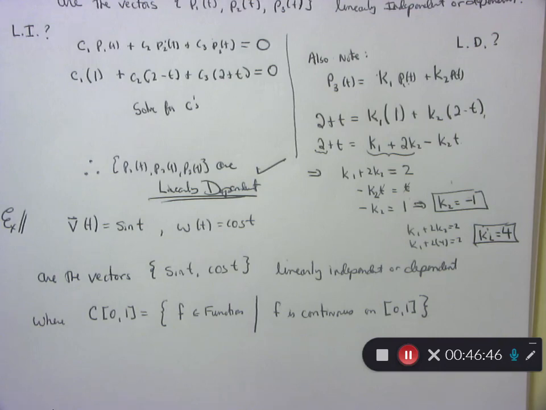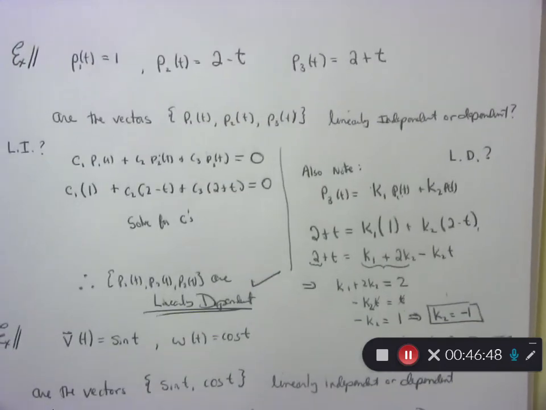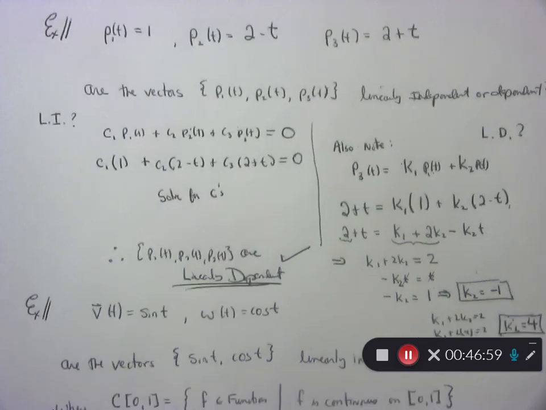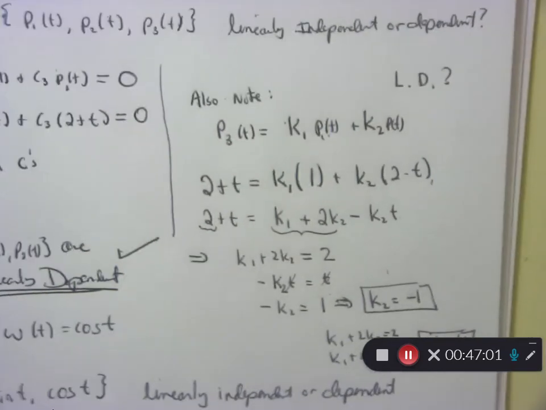Question first. I think I'm missing something, but why didn't you use the minus 2K2? I was confused on the algebra. Okay. Over here.